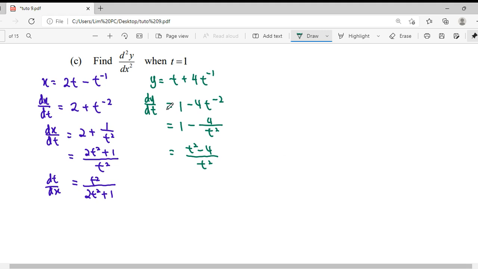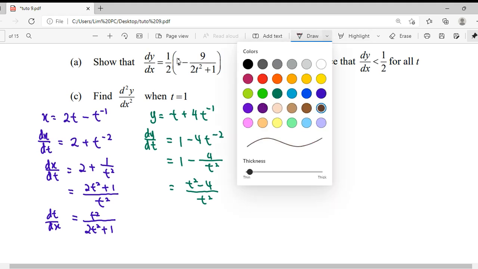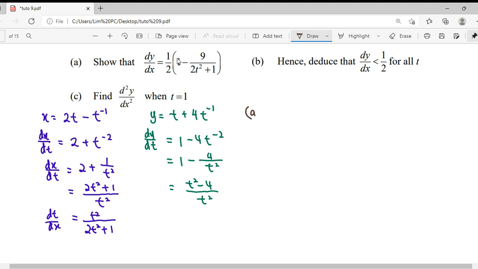So after we obtain our dy dt and dt dx, first question, we're going to show that. So for part A, we're going to show what is our dy dx. So you can notice that here is dy dt, differentiate y with respect to t.